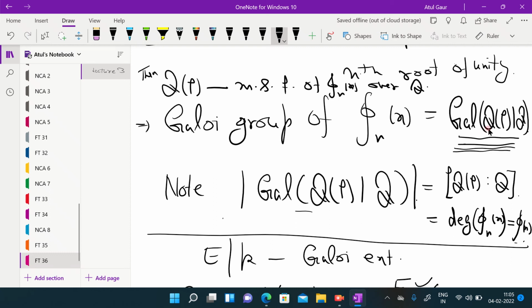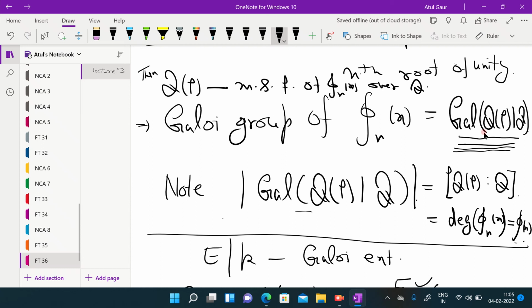To determine an automorphism on Q(rho), because Q(rho) is generated by rho over Q, and the automorphism will fix the elements of Q, we need to determine its image at rho.